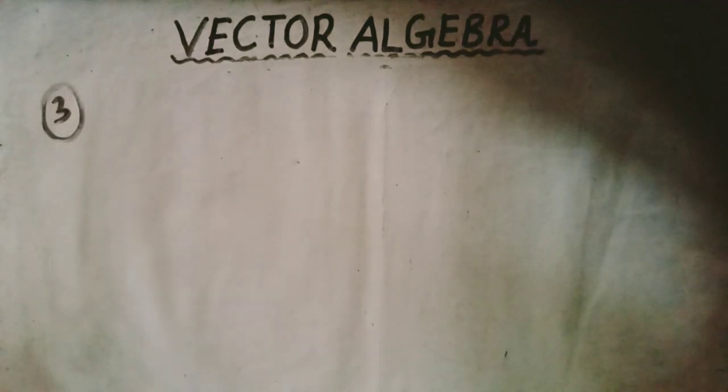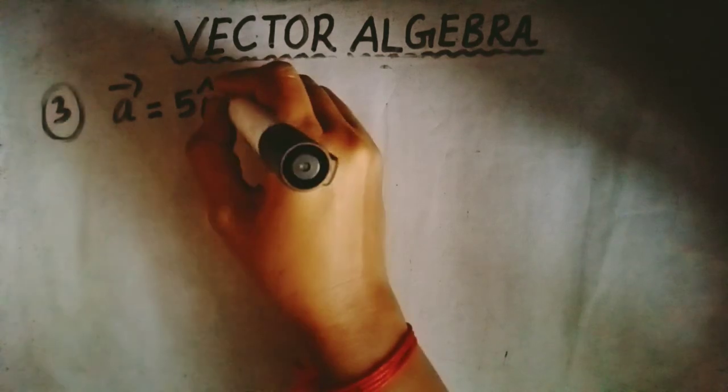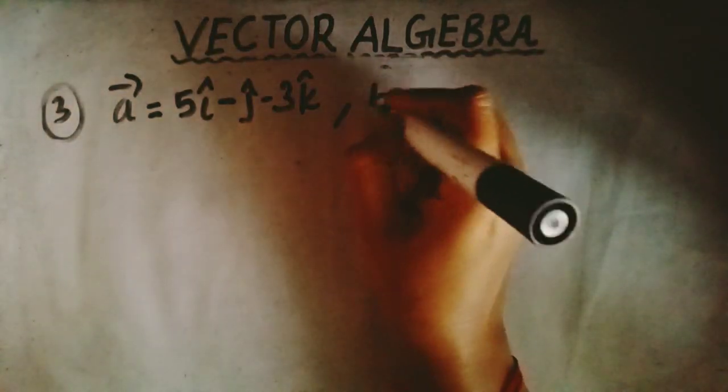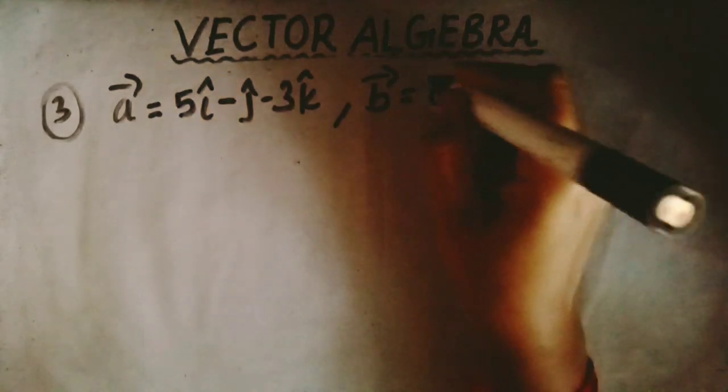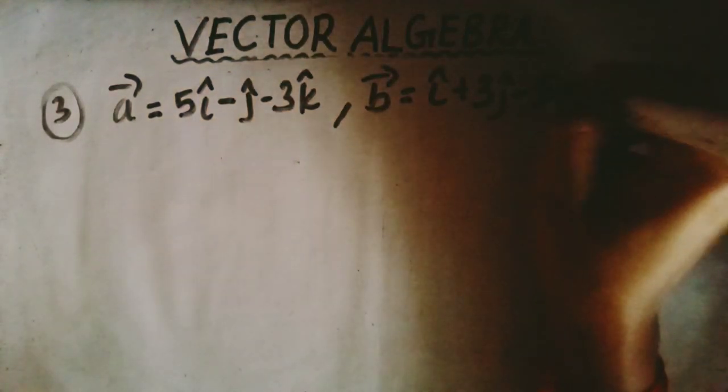Next question. A and B vectors are given. You have to show that vectors A plus B and A minus B are perpendicular. A vector is 5i minus j minus 3k, and B vector is i plus 3j minus 5k.